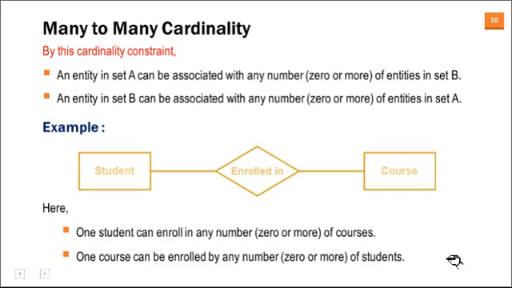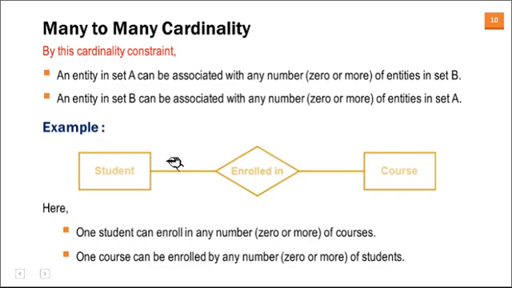One student can enroll for many courses and many courses can be enrolled by any number of students. There is no constraint between the student entity set and the course entity set. A student can take more than one course, and more than one course can be taken by a single student.